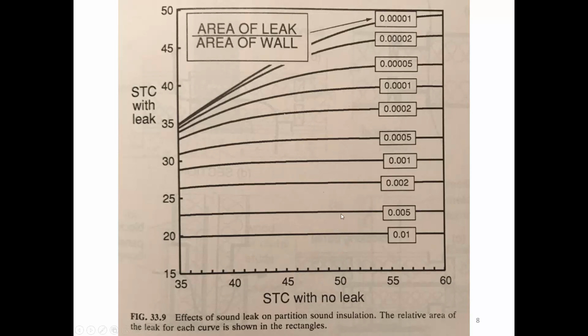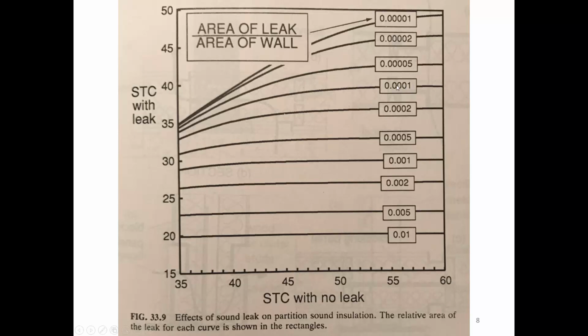And so look up here. I mean, you have some pretty small. Like here is 1,000th of a percent. And even 1,000th of a percent of the total wall area, if you have a leak, that's going to bring your STC down 3 points, 3 decibels, so about 47.